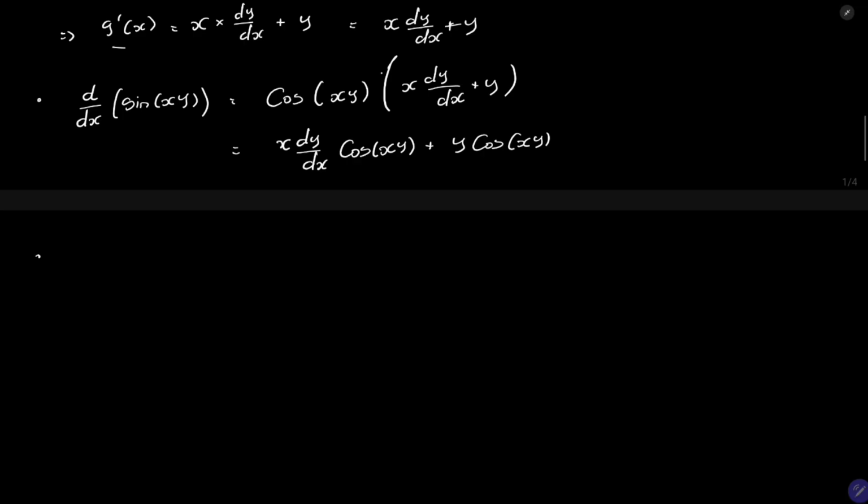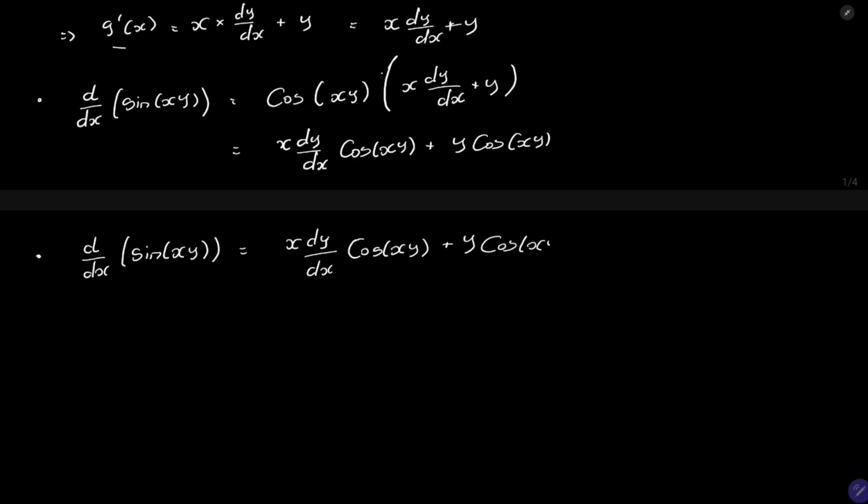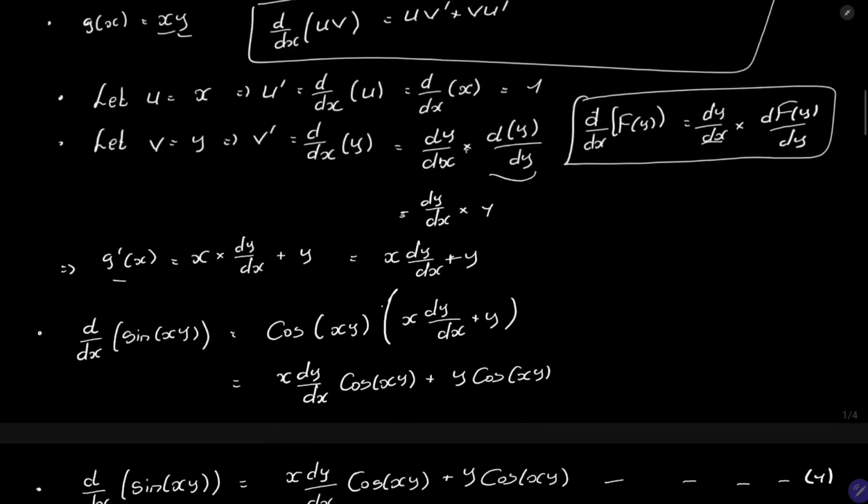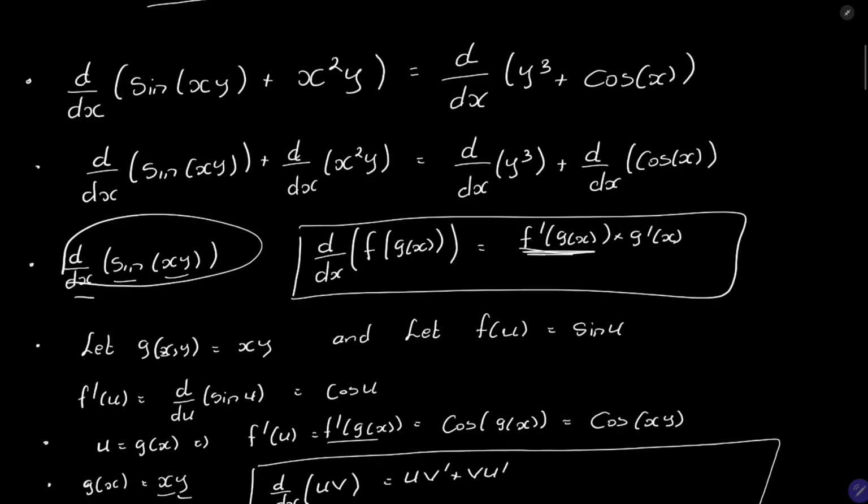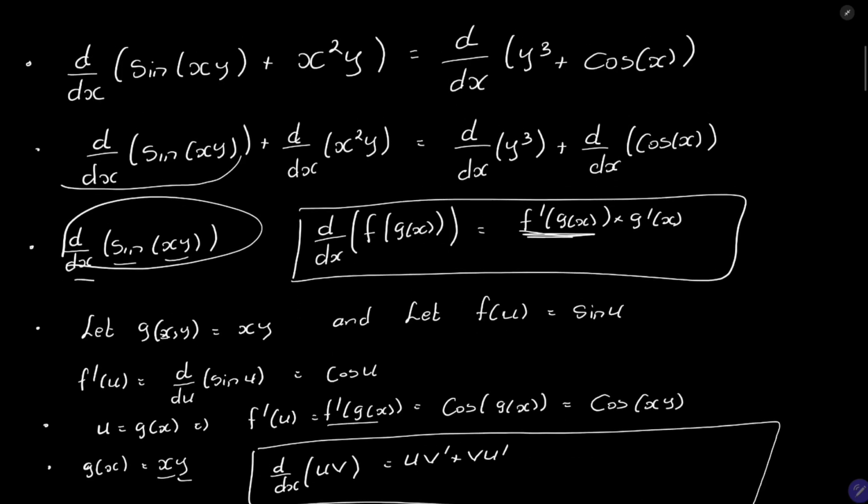So in conclusion, for our first term, the derivative with respect to x of the function sine of xy gives us x dy on the x times the cos of xy plus y cos of xy. So this is our first equation. We are done with deriving our first term.